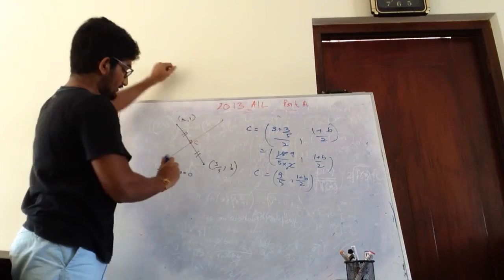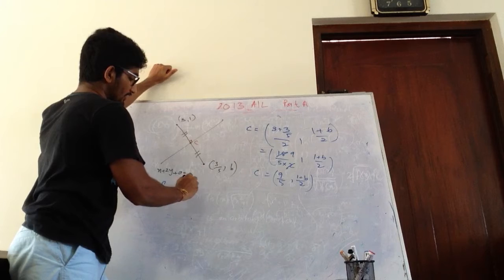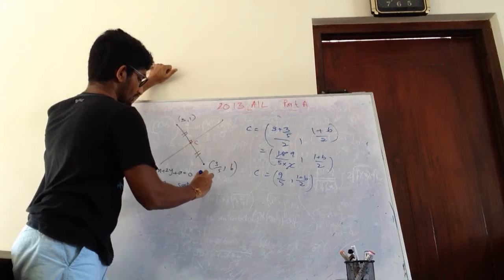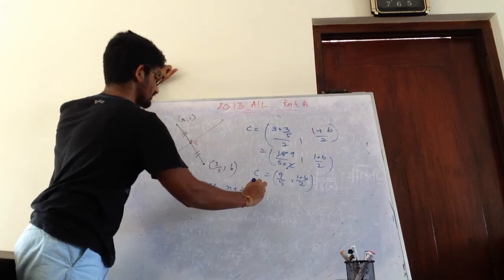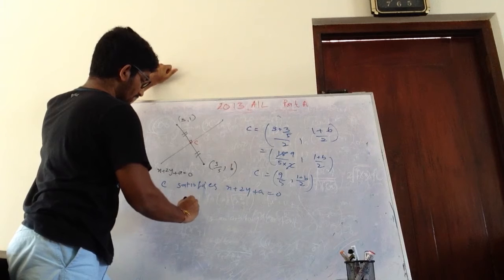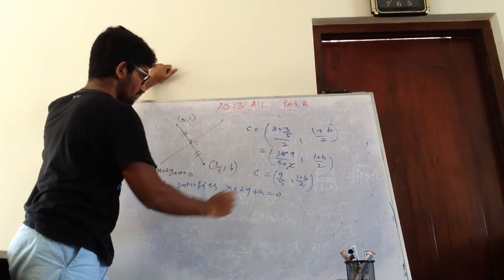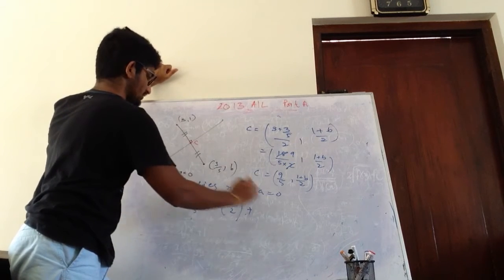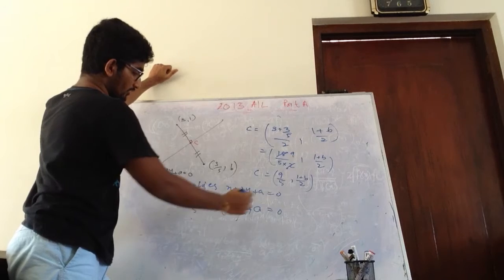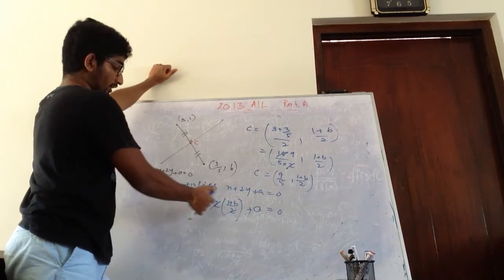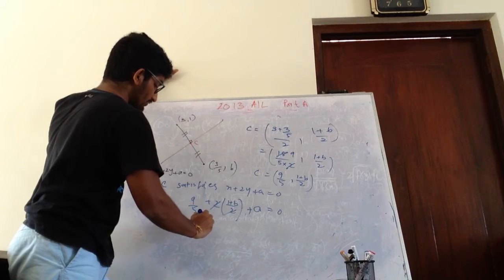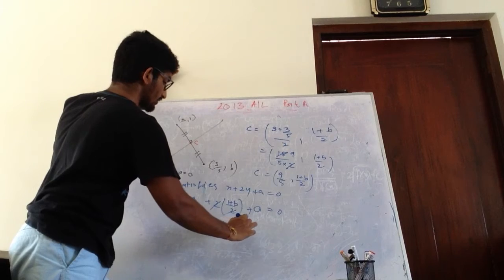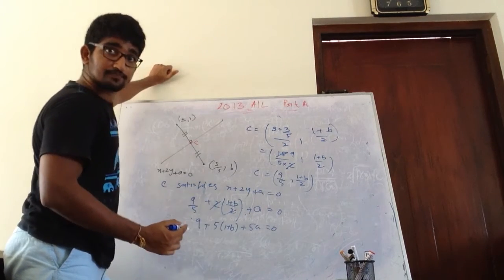So basically C satisfies x plus 2y plus a equals 0. That means 9 over 5 plus 2, what is y? 1 plus b over 2, plus a. So I cut this off, and I'm going to multiply by 5. 9 plus 5, 1 plus b, plus 5a is going to be equal to 0.